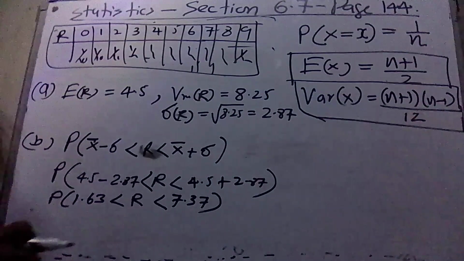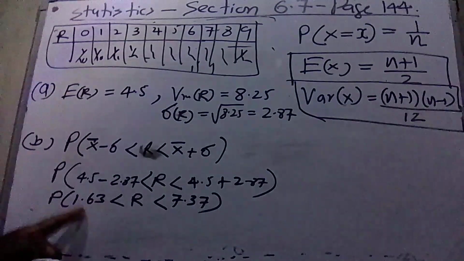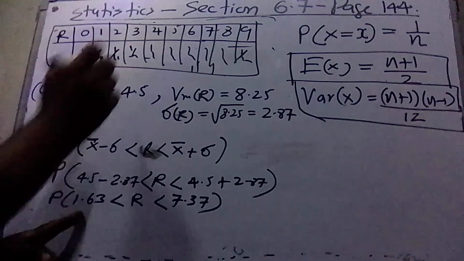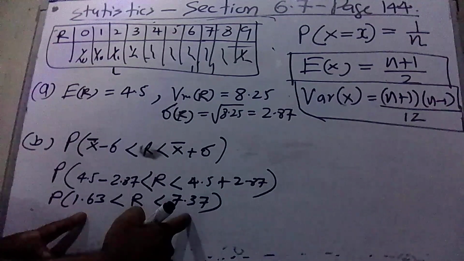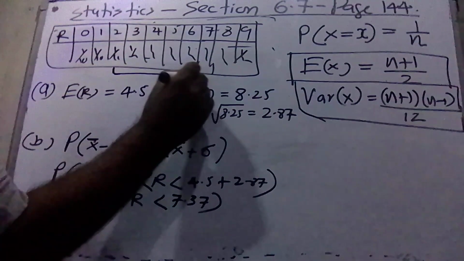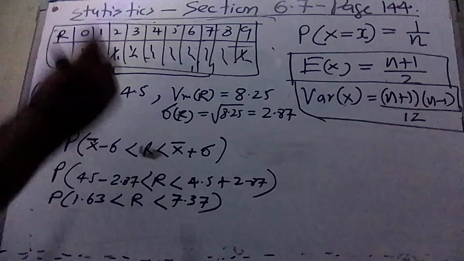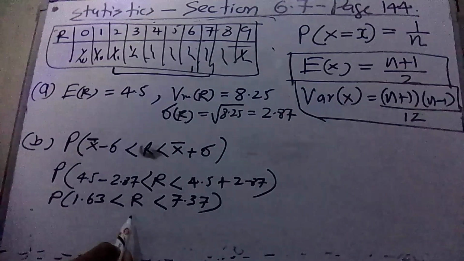So here now, how many values fall between this range? So that means less than 7, so 7 also falls. From here to here, all the values 2, 3, 4, 5, 6, 7 fall under this.